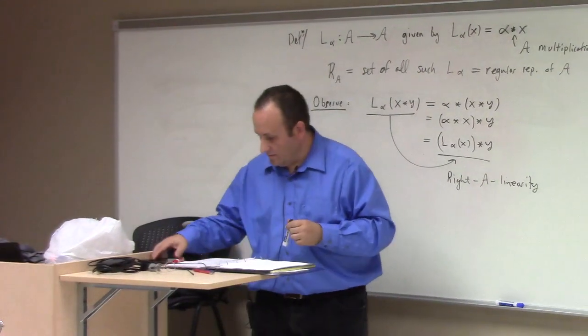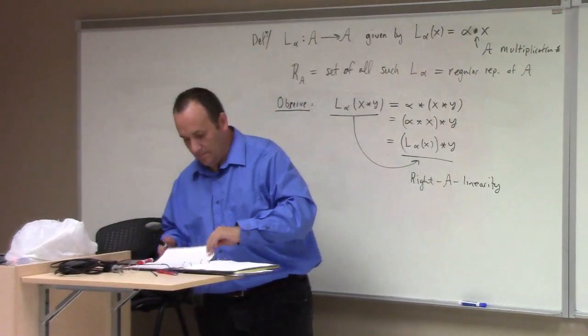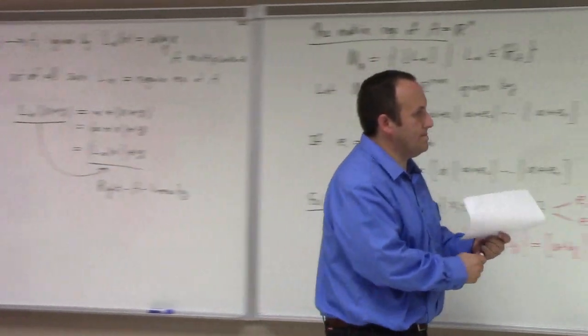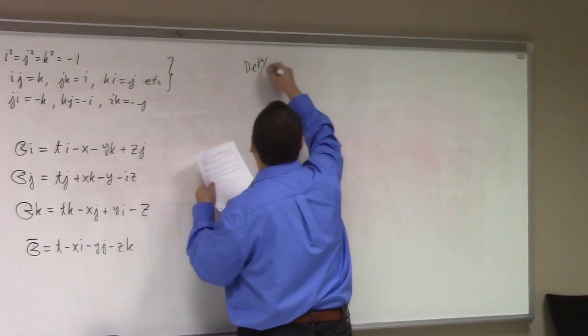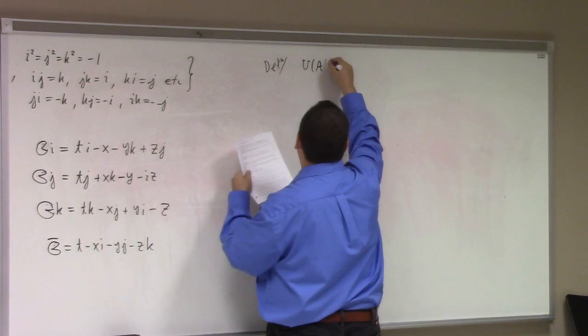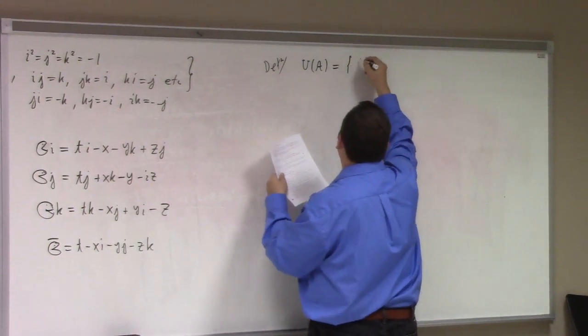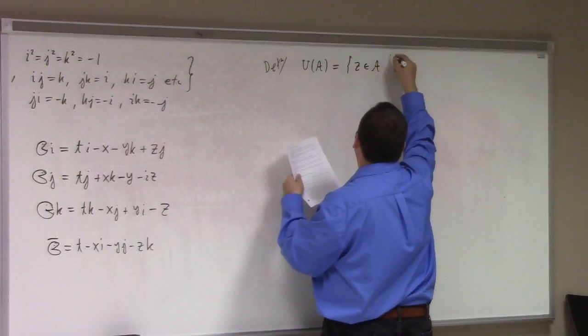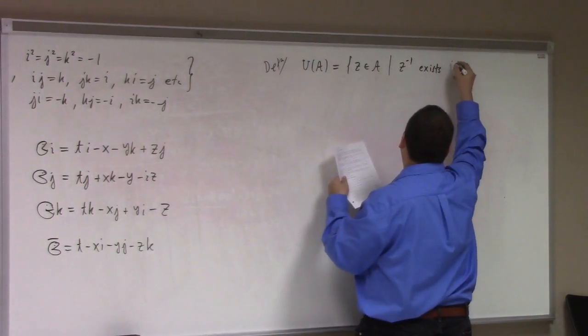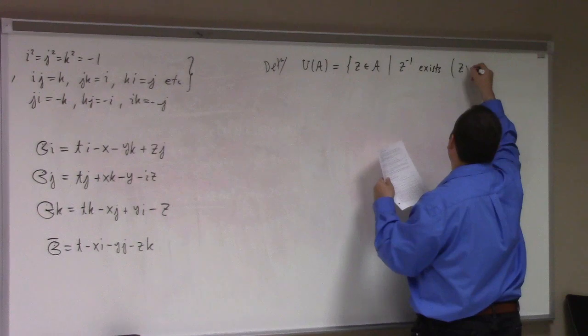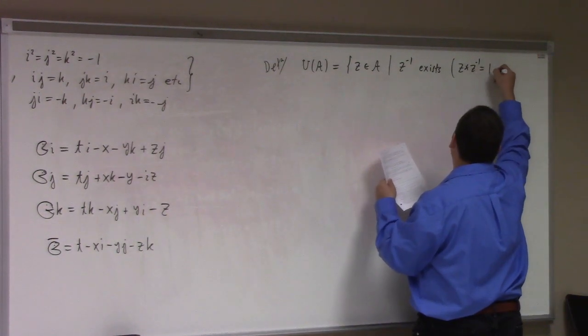Okay, so notation, I should share with you guys. Definition. We say U of A is equal to the set of Z in A such that Z inverse exists, meaning Z times Z inverse is equal to 1, right?